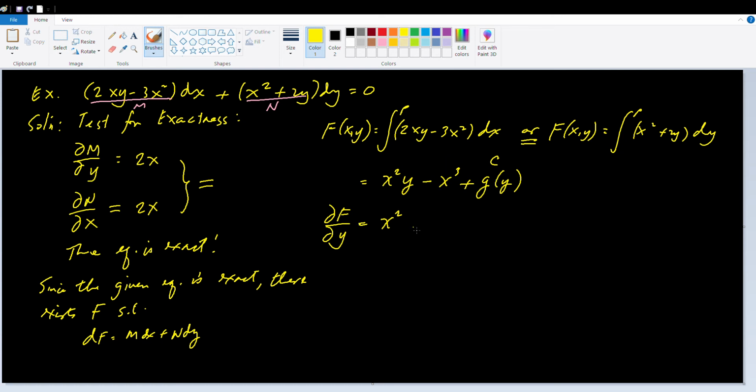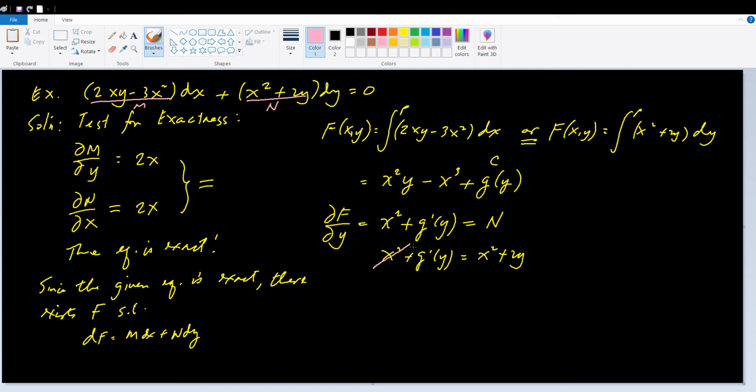And the derivative of g of y is g prime of y. This is supposed to be equal to N, the coefficient of dy. So x squared plus g prime of y is equal to N, which is x squared plus 2y.